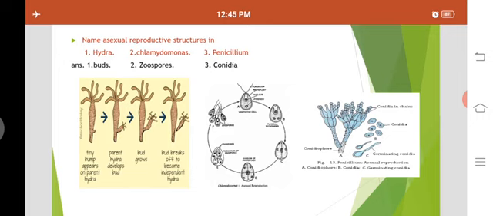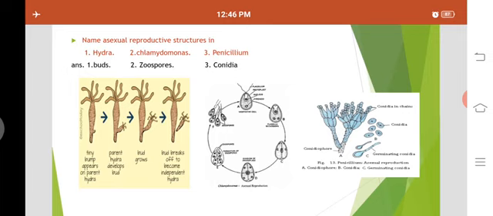Chlamydomonas reproduces asexually by producing zoospores. And Penicillium is one of the fungi, which reproduces asexually by producing conidiospores or conidia. Understood? These are the asexual reproductive structures you have to mention in the examination.